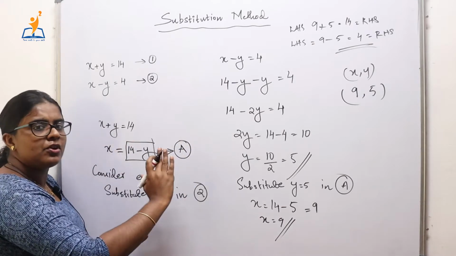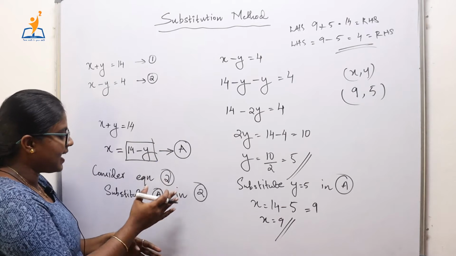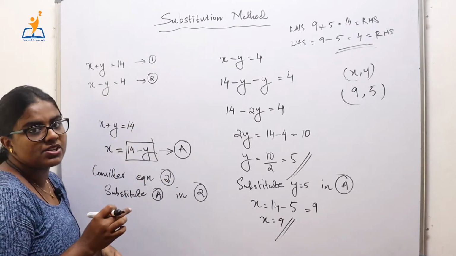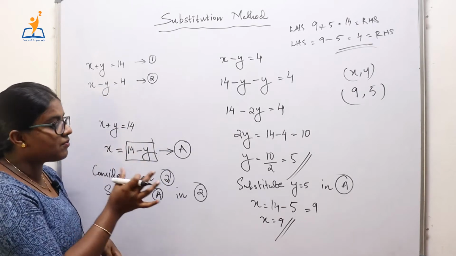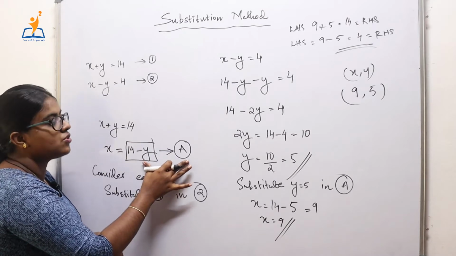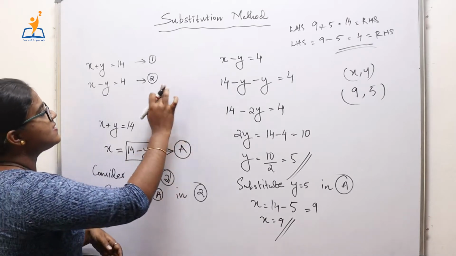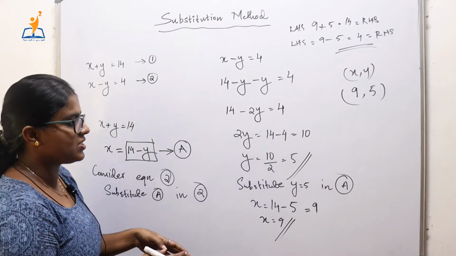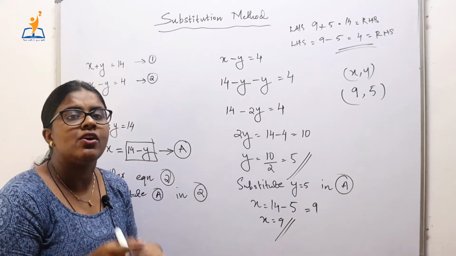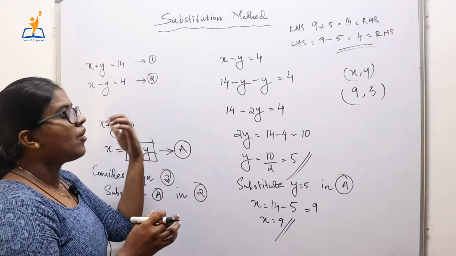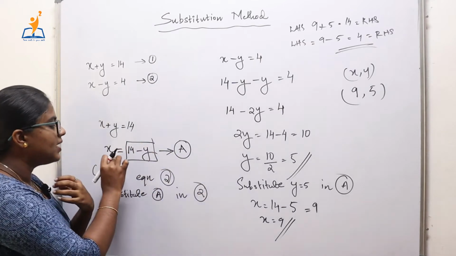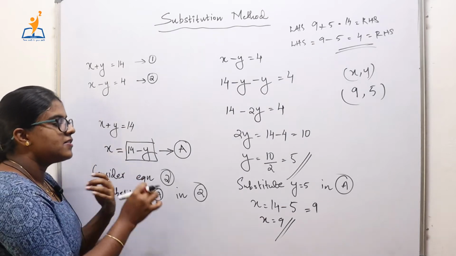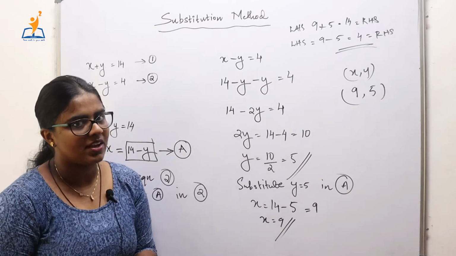Now, put that equation aside and consider the second equation. In the second equation, we are going to substitute equation A, that is, the value of y we got. After solving that equation and getting the value of one variable, we are going to substitute that value here so that we get the other variable also.